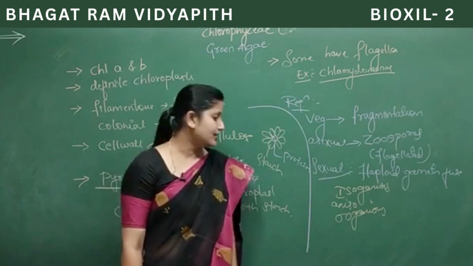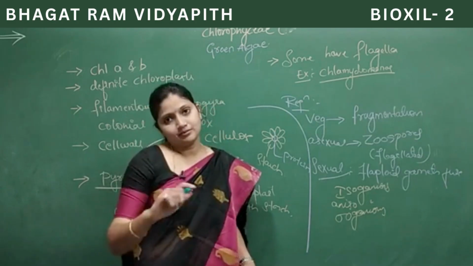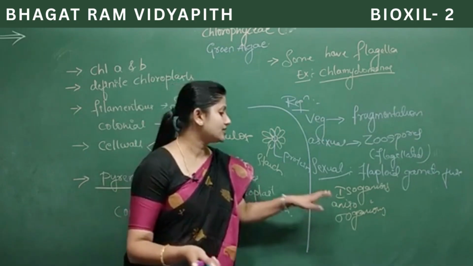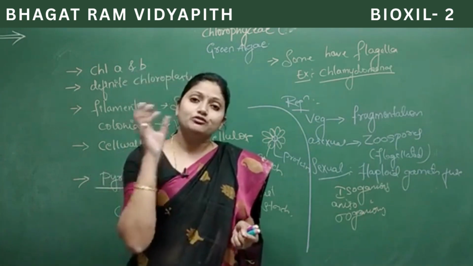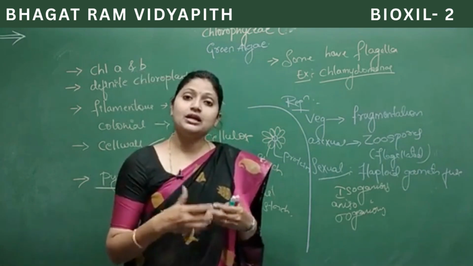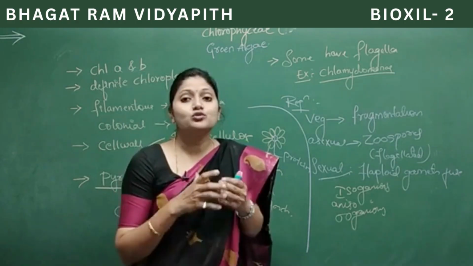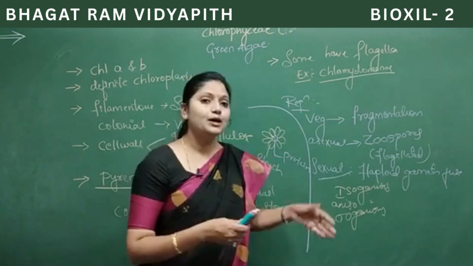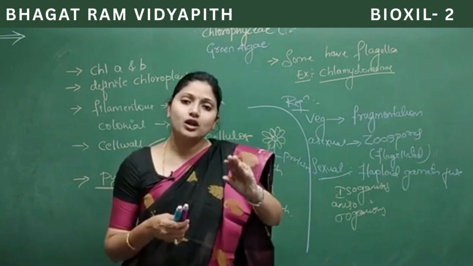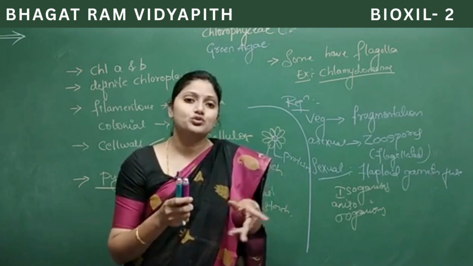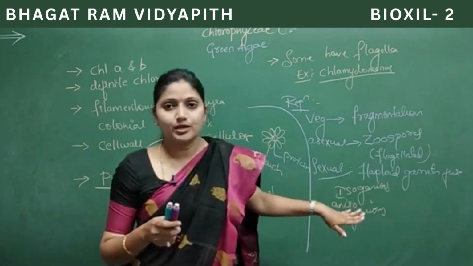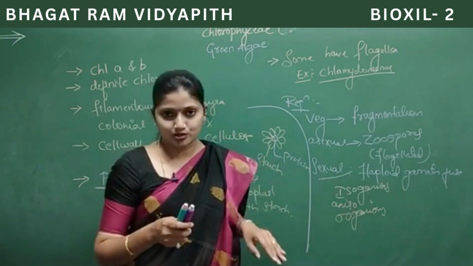If both the gametes are dissimilar, then it is called anisogamous. In case of oogamous, the female gamete is large and non-motile, whereas the male gamete is small and motile. These two gametes will fuse to form the oogamous type of sexual reproduction.